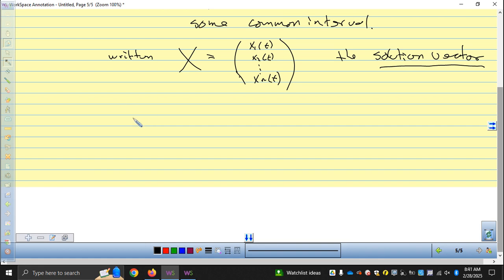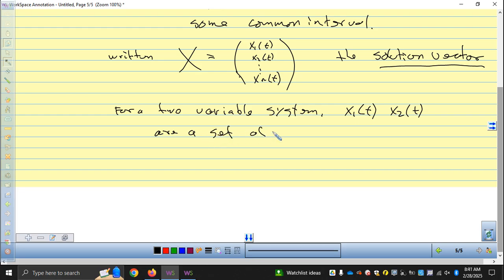So I'm going to say for a two-variable system, just because it's easier to think about, x1 of t, x2 of t, is a set of parametric equations.